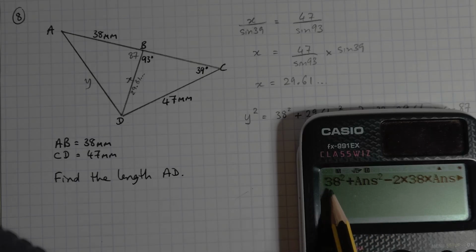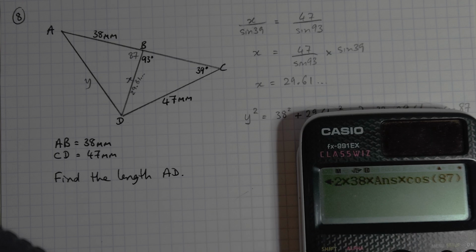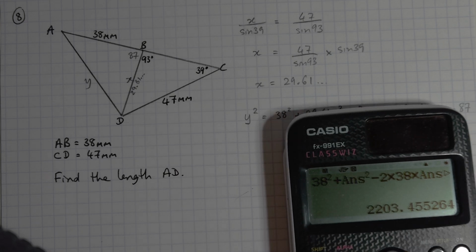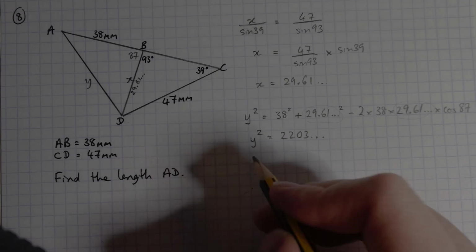Okay, so I've typed in 38 squared plus answer squared. That's my 29.61 number there. Take away 38 times 29.61 times by cos of the angle, which is 87 in that top left triangle. When I hit equals, I get 2203 point and so on. And just like before, if I want to figure out Y, I have to undo the squaring.